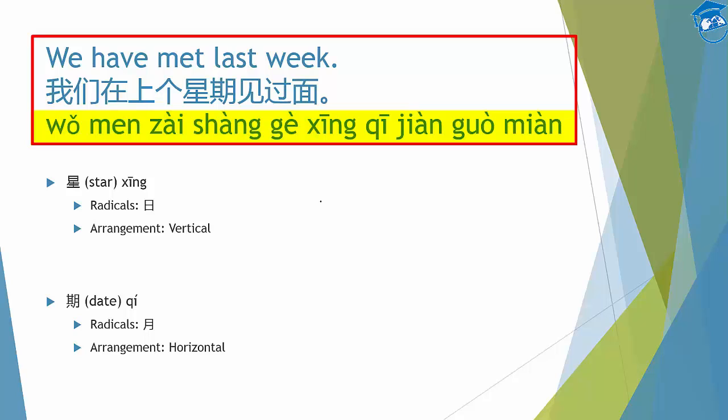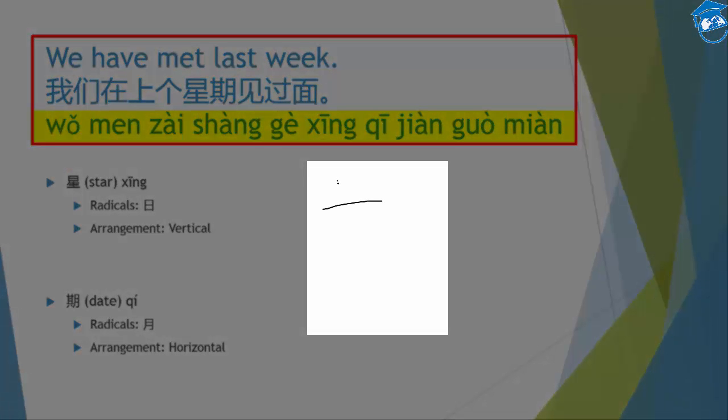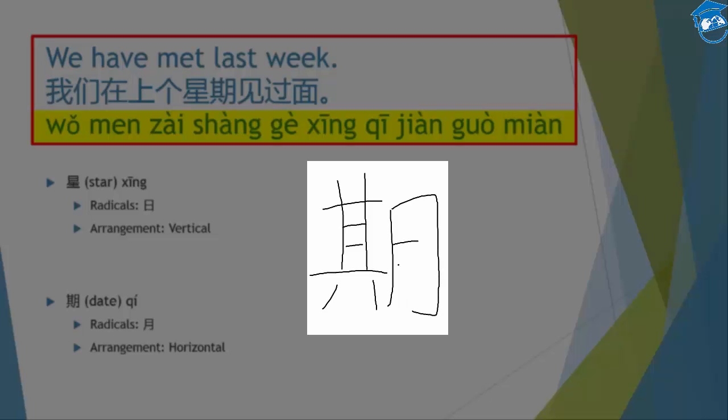So here's how to write 期. 1、2、3、4、5、6、7、8、9、10、11、12.